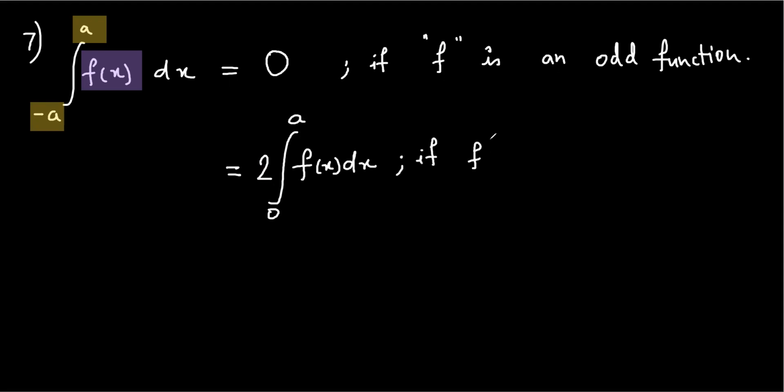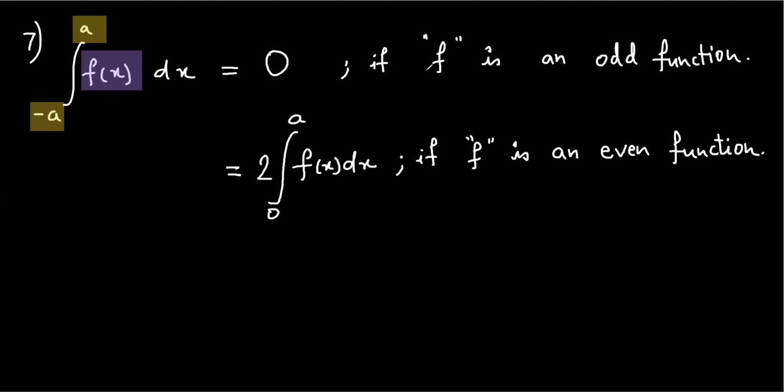So negative a to a f of x dx is 0 if f is an odd function, and it is 2 times 0 to a f of x dx if f is an even function.